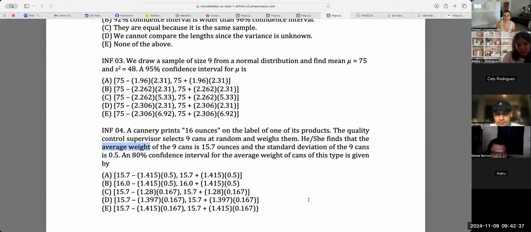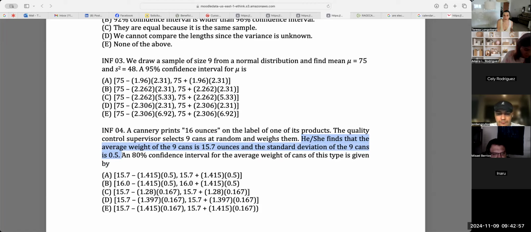There is a standard deviation, but read it again. It says of the 9 cans, this is the sample. It's not the population. So that information is about the sample. That's S. So you have to use number 6. You don't have any information on the population standard deviation.